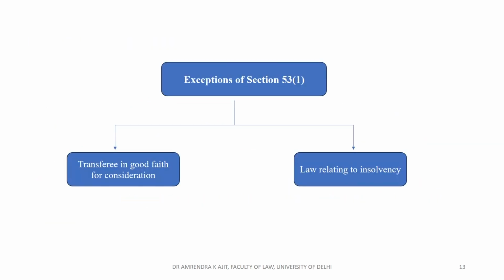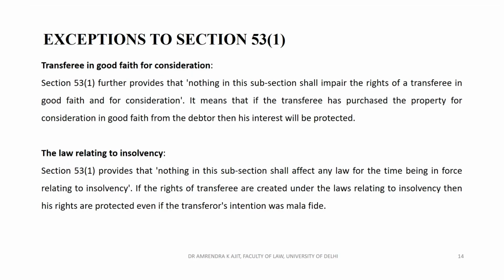Exception of section 53(1): if it is done in good faith for consideration, or law relating to insolvency. Okay. Good faith for consideration means what here? Who is going to use this exception, and who will take the defense of the exception?